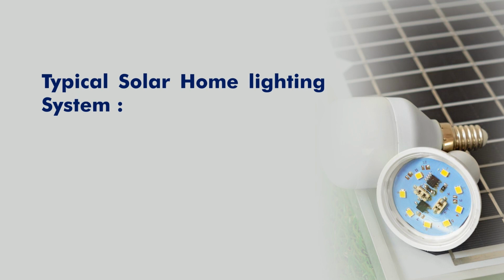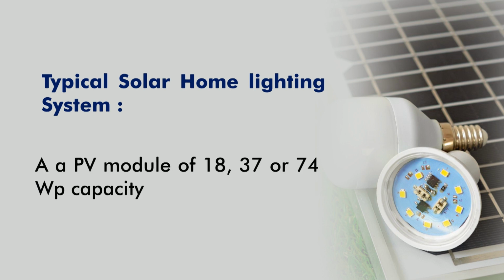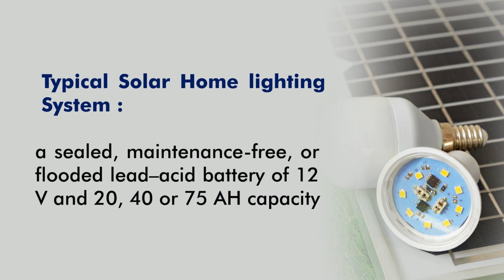Now we will discuss a typical solar home lighting system, whose first component is a PV module. It may be of 18 watt, 36 watt or 75 watt capacity. Another component required for a typical solar home lighting system is a sealed, maintenance-free or flooded lead acid battery of 12 volt, and 20 or 40 or 75 ampere hour capacity.